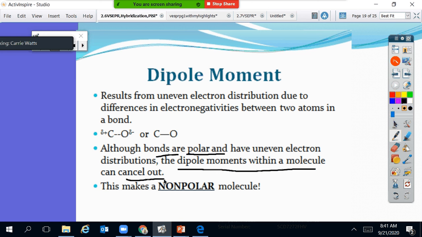It's kind of like in physics, equal and opposite forces cancel each other out. It's the same thing with these dipole moments. However, if there's a net dipole moment or a net force, then it's considered a polar molecule.